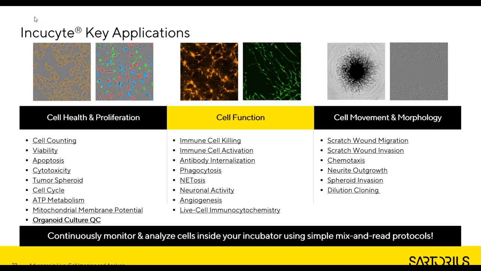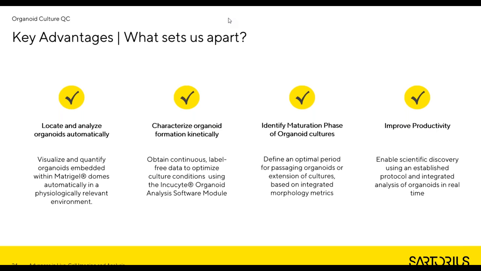So the next slide gives a very top-level overview of some of the key advantages of this approach. One of the first things that really stands out is that it allows you to automatically locate organoids individually embedded across multiple planes within a Matrigel dome, and it allows you to quantify organoid differentiation and maturation. You can also utilize this module to characterize organoid formation with some integrated real-time kinetics.